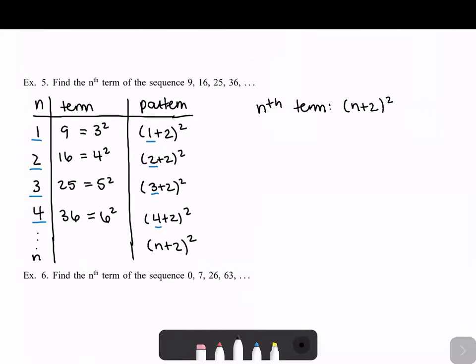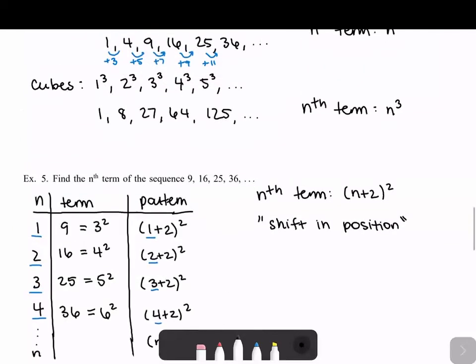So this corresponds graphically to a horizontal shift, but this corresponds really to a shift in position. So I'm going to call this a shift in position, because what used to be in our third position, number 9, now went to our first position.